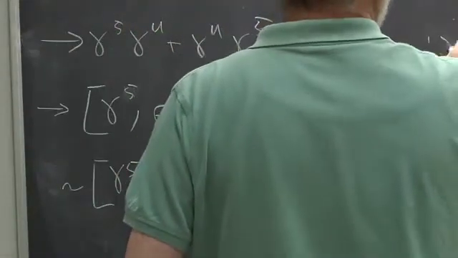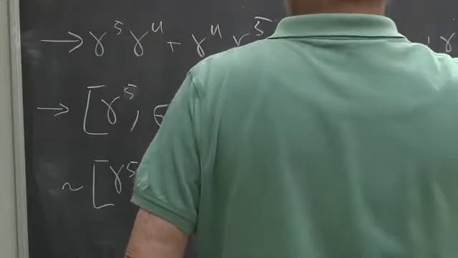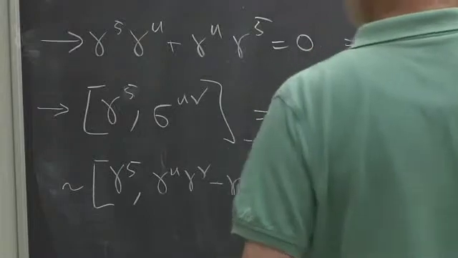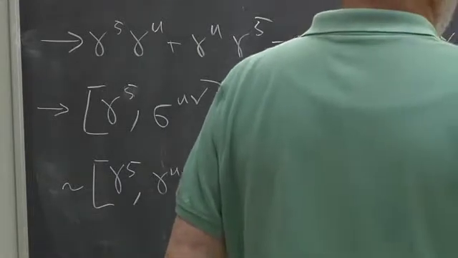Gamma 5 is i, gamma 0, gamma 1, gamma 2, gamma 3, and gamma mu. I have to prove that this quantity plus gamma mu, gamma 0, gamma 1, gamma 2, gamma 3 is equal to 0. Now, how do I do that?